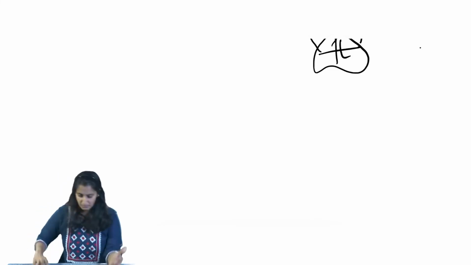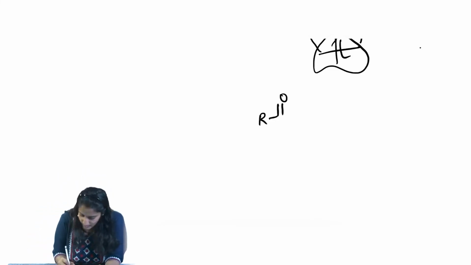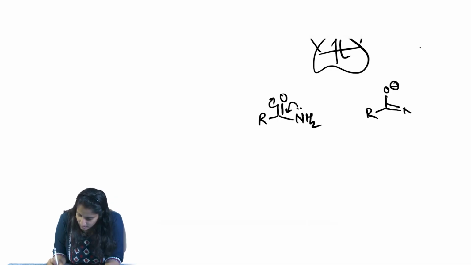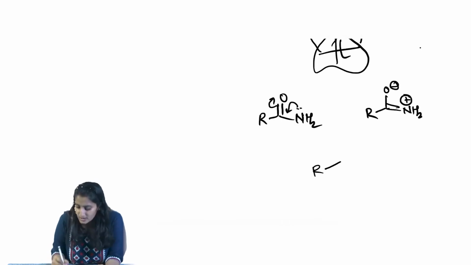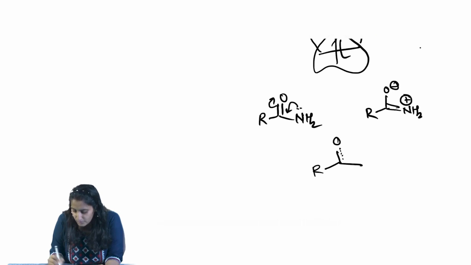Why is that? So, remember the moment you have this RC double bond O NH2 versus this resonance structure, in the resonance hybrid you are going to have a partial double bond character for that particular bond, right.